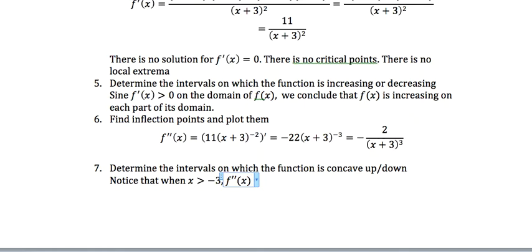So the second derivative of f is always less than 0, right? So the function is concave down.